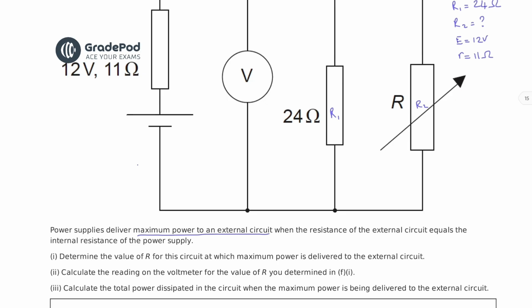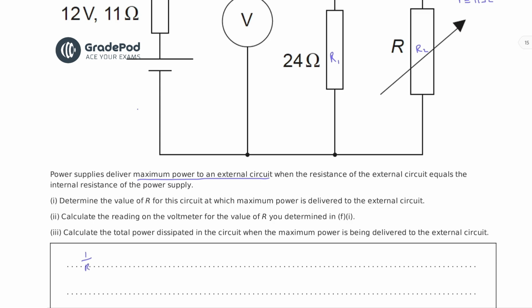So question 1 says, determine the value of R for this circuit at which maximum power is delivered. So we want the total resistance of the circuit, which is in parallel, 1 over RT. That's our formula for resistors in parallel. We want to find out what the value of R2 is when RT is equal to 11. So 1 over 11 equals 1 over 24 plus 1 over R2. So 1 over R2 equals 1 over 11 minus 1 over 24.